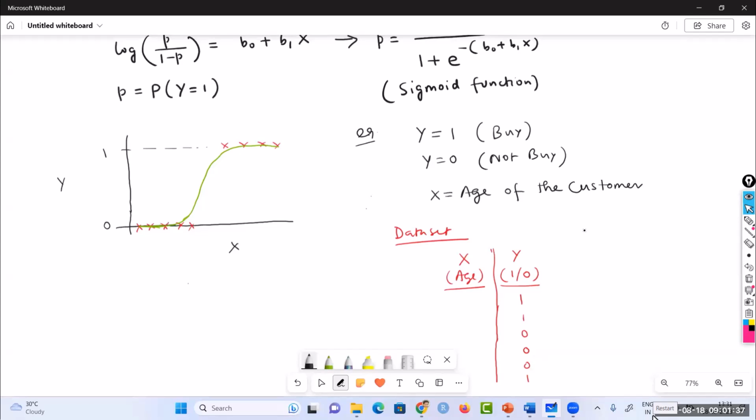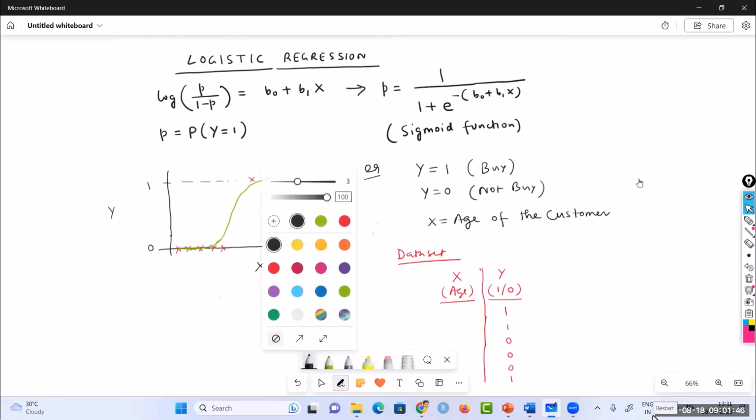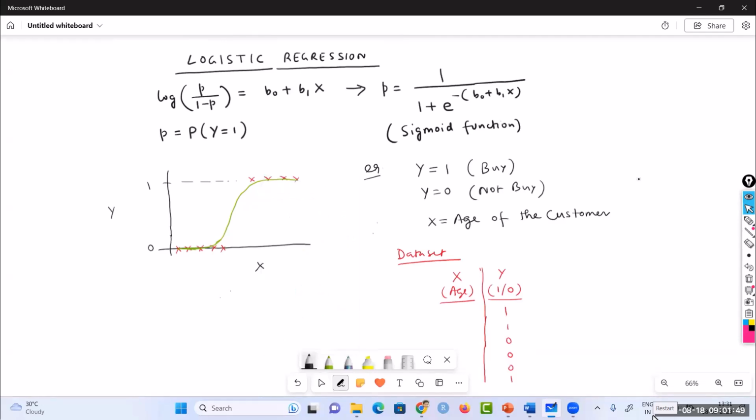Now, based on my logistic regression model, if I look into this sigmoid function, this function is actually giving me this probability P, the probability of occurrence of the event Y. So here I'll get this probability column, the probability of Y equals 1.